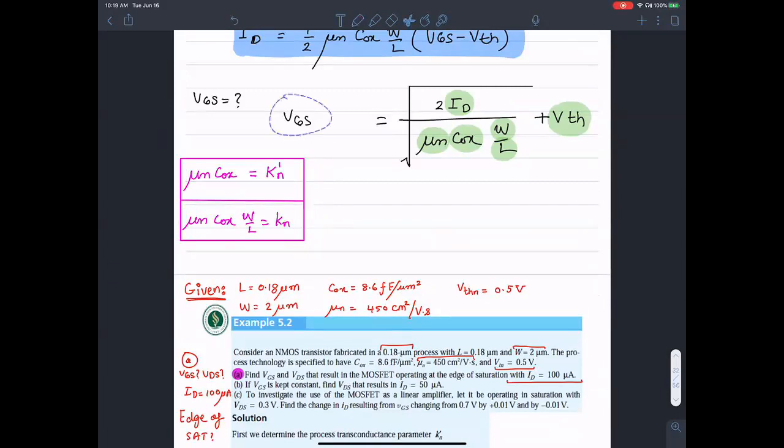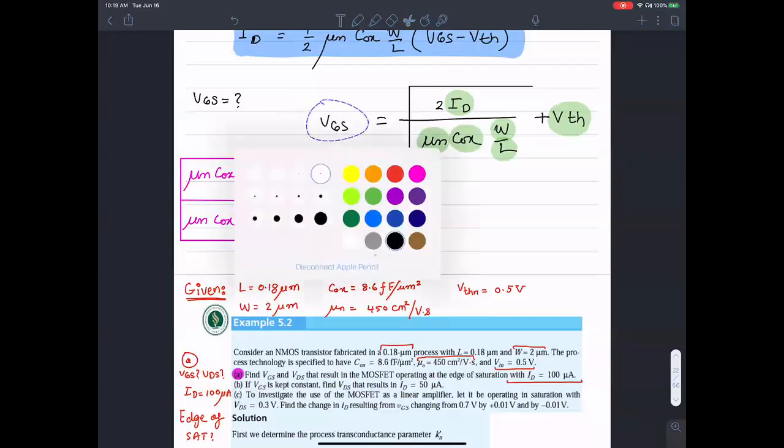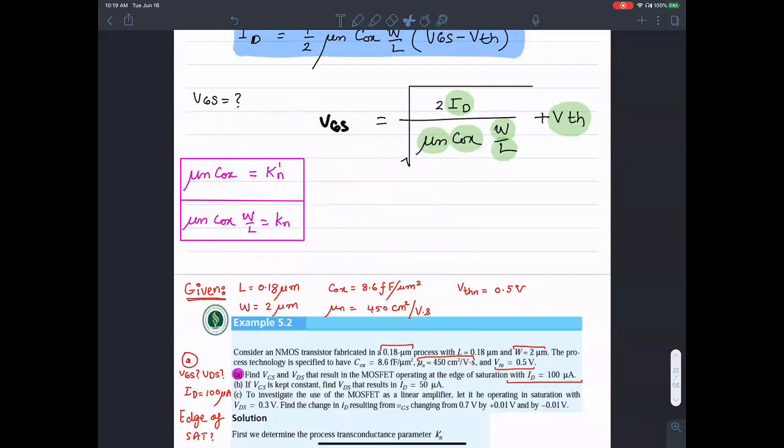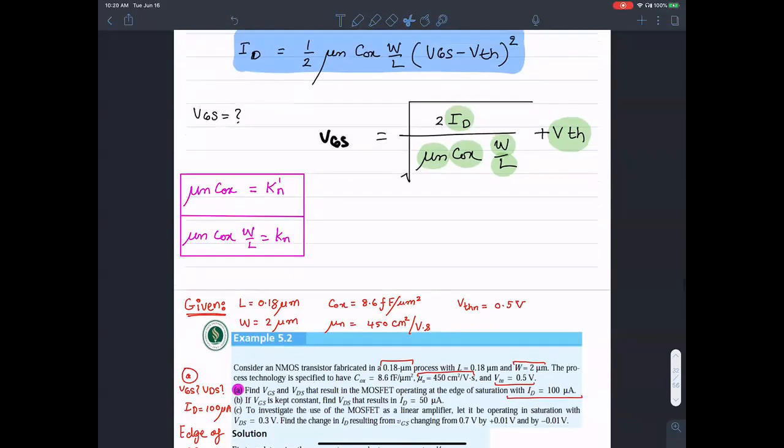But the idea of calculating VGS is: we use the square root of 2ID over mu n C oxide W over L, plus VTH.